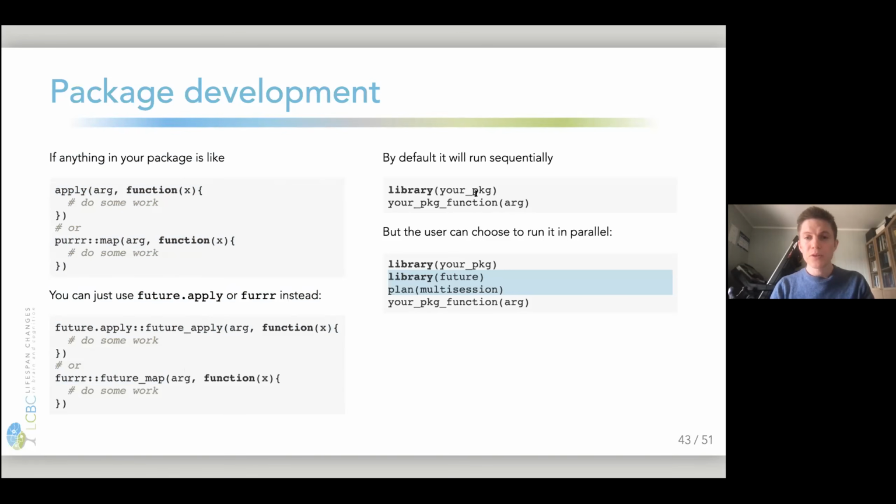Now, your user by default doesn't need to think about this, doesn't need to know that you're using future. Your user can say library your package, and then call your function, and it will run sequentially. However, the user can choose to do this in parallel by attaching future, and then saying plan multisession, and then calling your package.